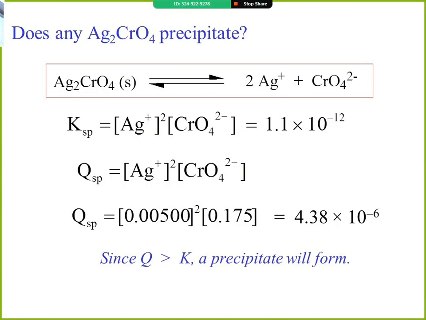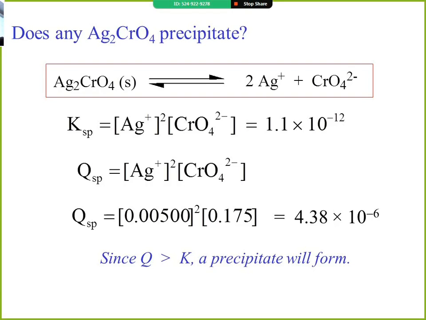Well, I don't have a fancy thing to bring the K up. But what was the K? Can someone remind me? What was the K for? Thank you. Okay, so 1.1 times 10 to the negative 12.